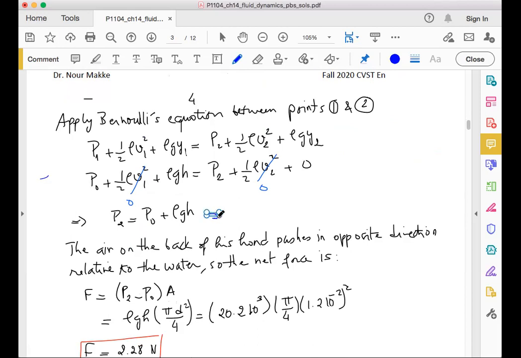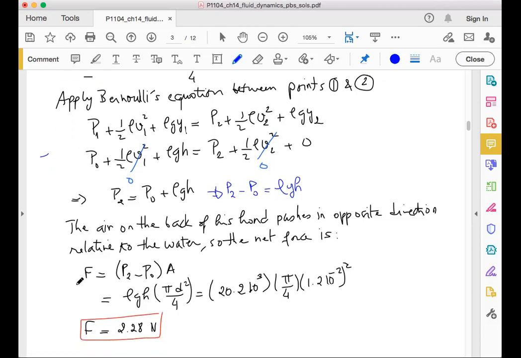But Bernoulli's equation between points 1 and 2 already gives the value of P2 minus P node, which is rho times g times h. So we replace P2 minus P node by rho g h in the force equation.